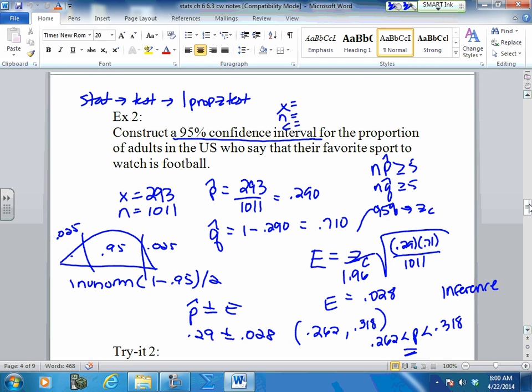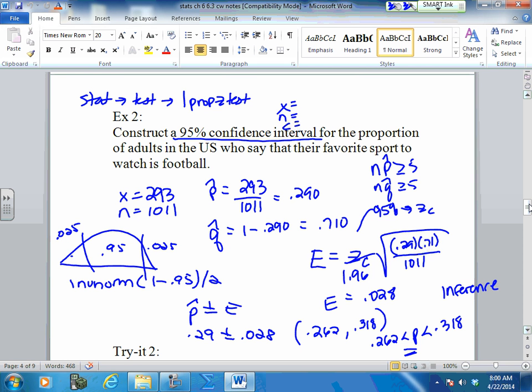When it comes back, it actually gives you the p-hat. If you don't know your x and n, and you were given just your p-hat, you're going to have to multiply it and get your x. But you have to remember, x always has to be a whole number. So you're going to have a little rounding to do. If you like your calculator steps, it follows the same way the other ones do.